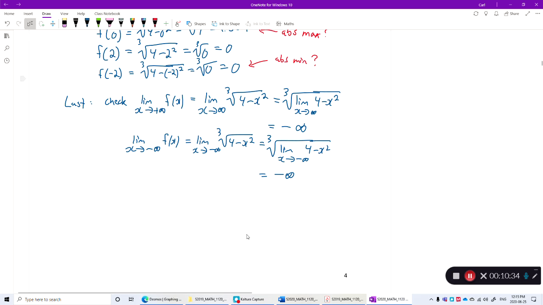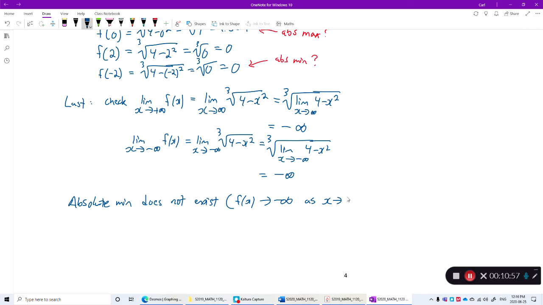So what we know is that the graph looks something like this. Well, let's actually use Desmos, but what we know is that now the absolute min, there is no absolute min. Absolute min does not exist because f of x goes to negative infinity as x goes to either plus or minus infinity. So it just goes down, down, down. There is no bottom.